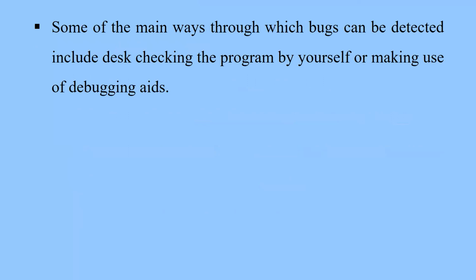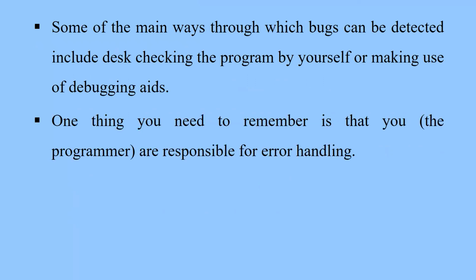Some of the many ways through which bugs can be detected include desk checking the program by yourself or making use of debugging aids. One thing you need to remember is that you, as the programmer, are responsible for error handling.